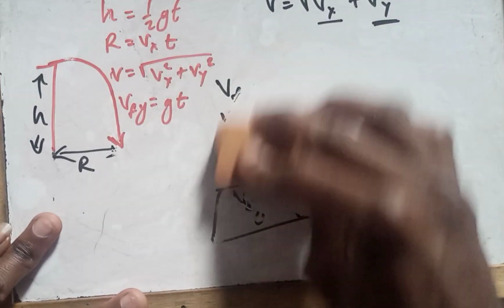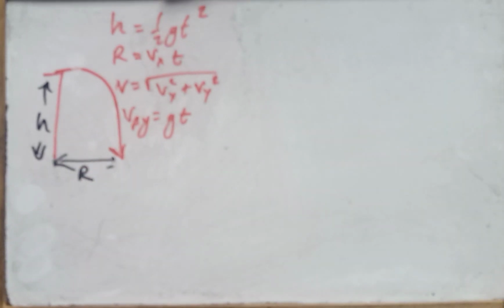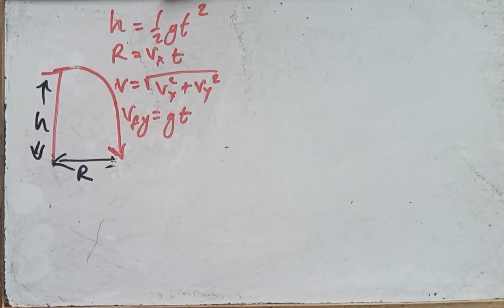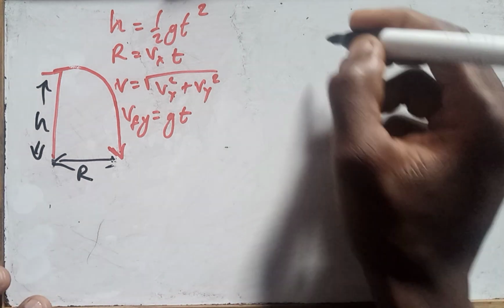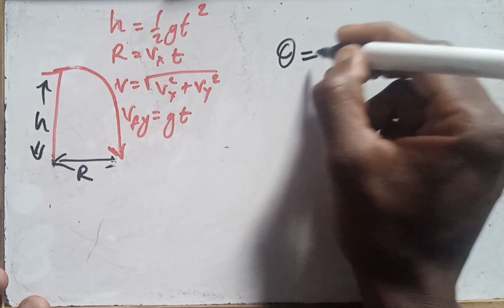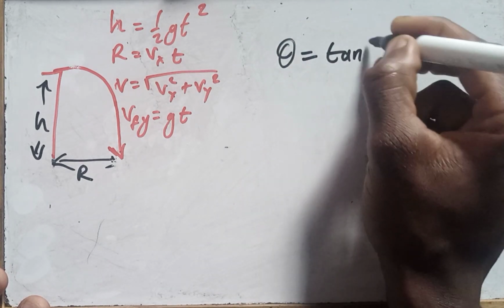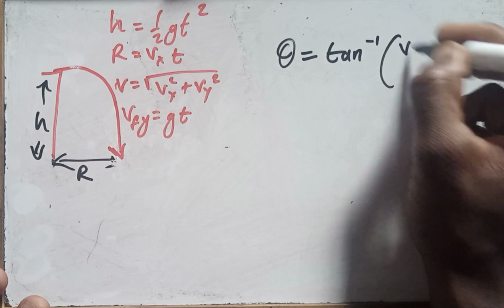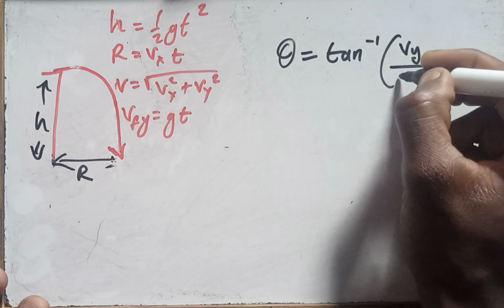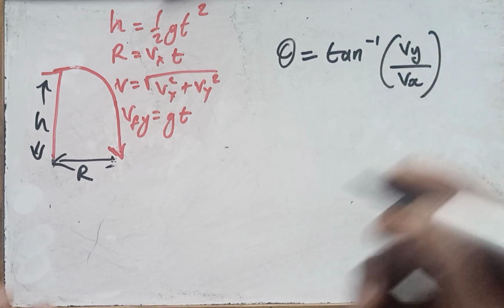The last thing, but not the least, that you are going to be asked in this type of projection is to find the angle. When calculating the angle, we use the formula angle theta is equal to tan inverse of the velocity in the y-axis over the velocity in the x-axis.